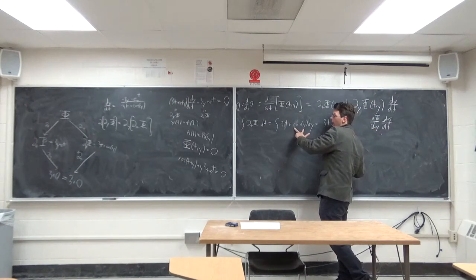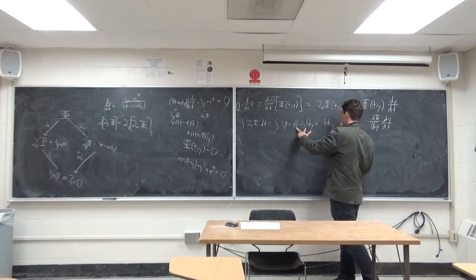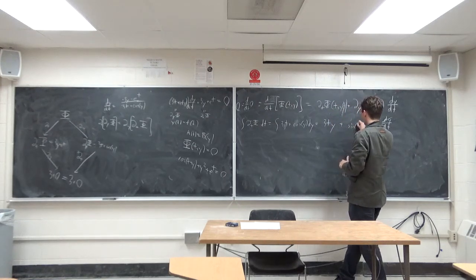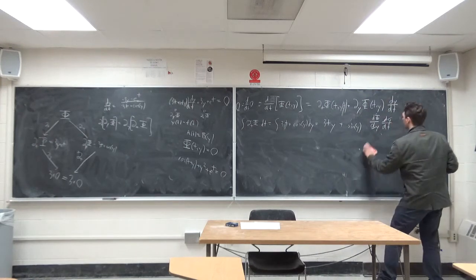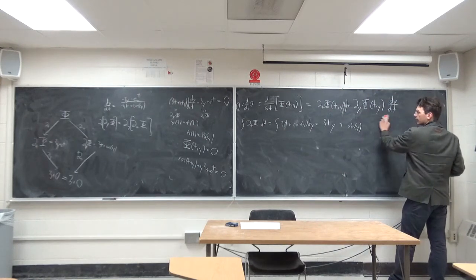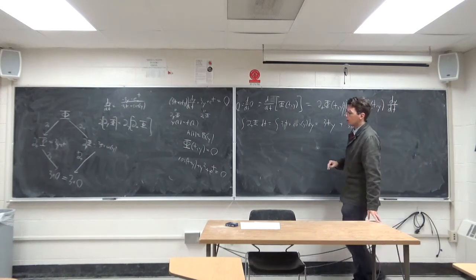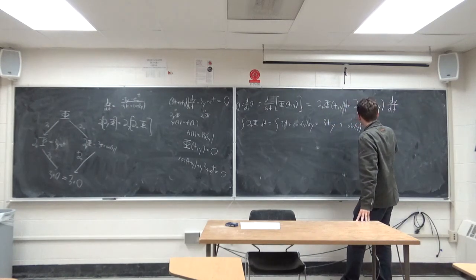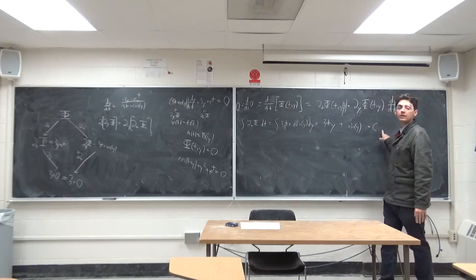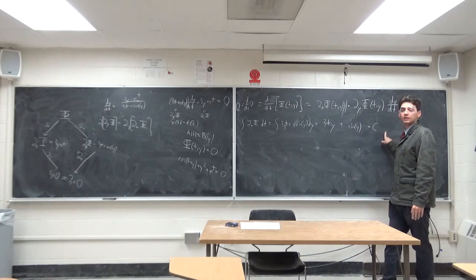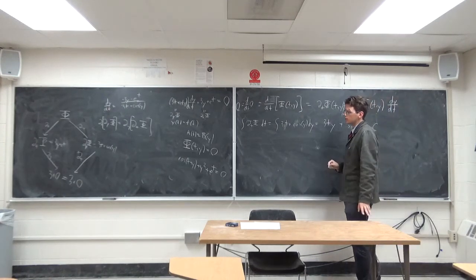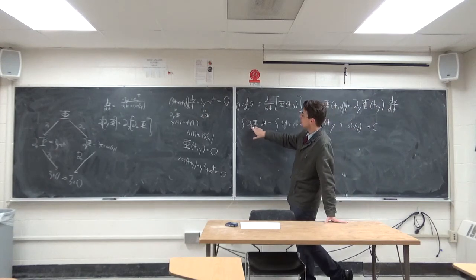Then I have cosine of y. I take the integral of cosine of y, and that's just going to be sine y. And now I have one more thing that I'm going to get out of this: a constant. But this constant is more than just a regular constant, because when I took this t derivative, it killed off more than just the regular old constants.